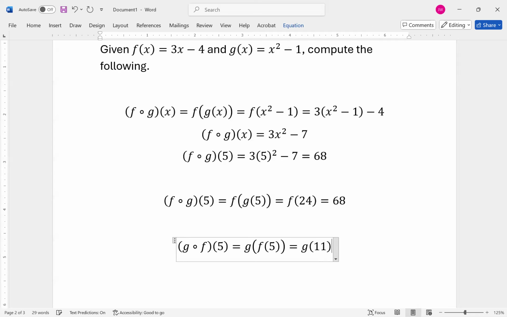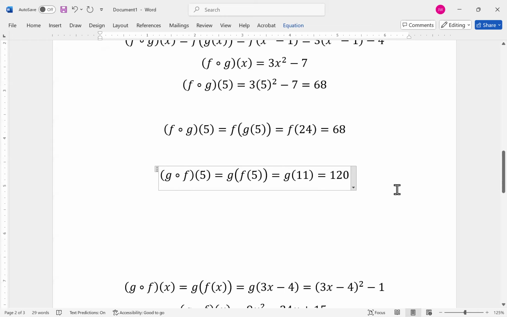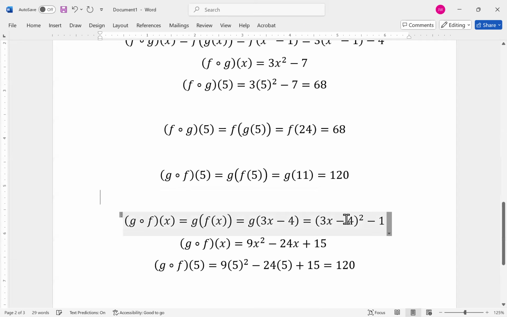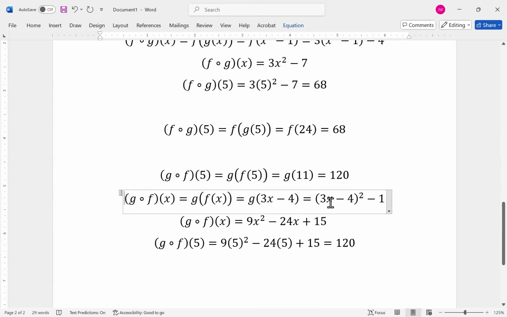And therefore, I'd put 11 in as the input of g. 11 squared minus 1 is 121 minus 1, which is 120. Notice again, I'm getting the same result either way. 120 and 120, but I'm just getting them in a slightly different method.